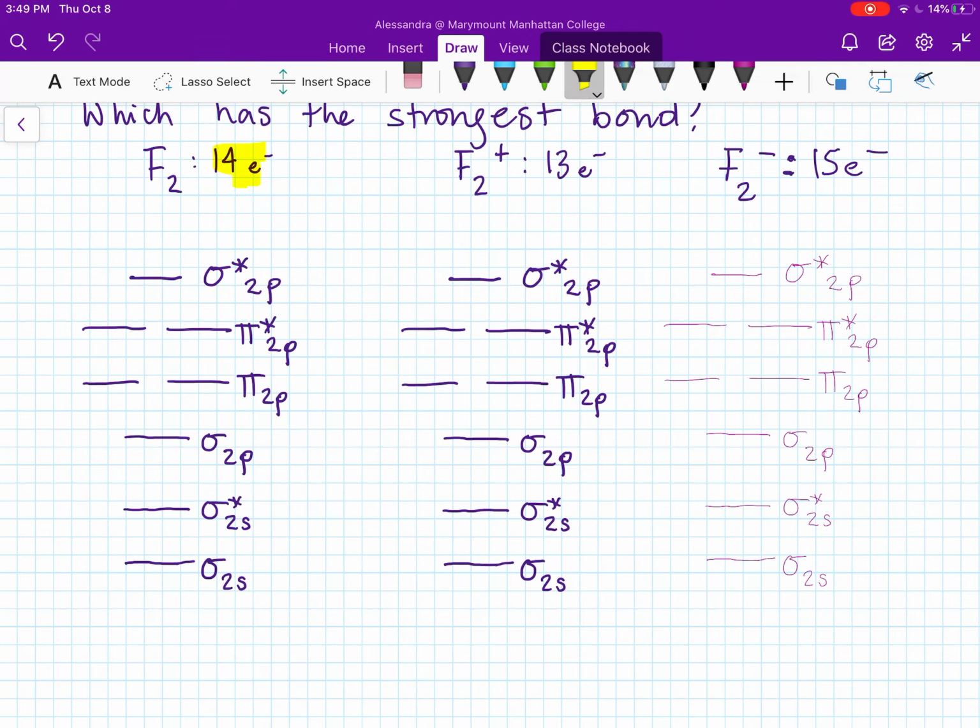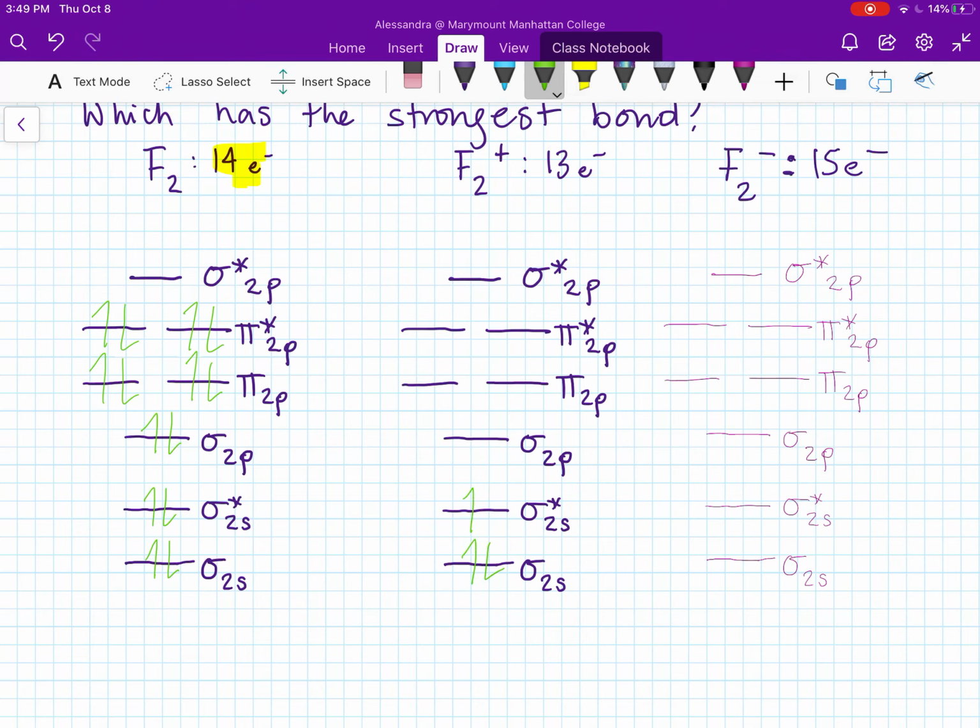So now we can take those 14 electrons and start filling up the molecular orbital diagram using the Aufbau principle and Hund's rule, starting with the lowest energy MO. 1, 2, 3, 4, 5, 6, 7, 8, 9, 10, 11, 12, 13, 14. Okay, so here all of the electrons are paired up.